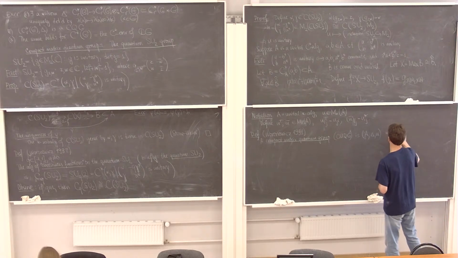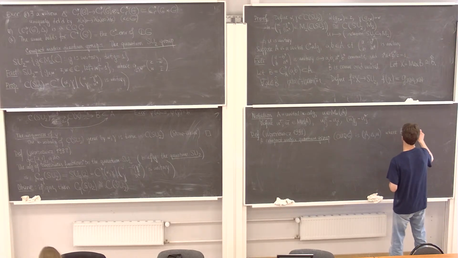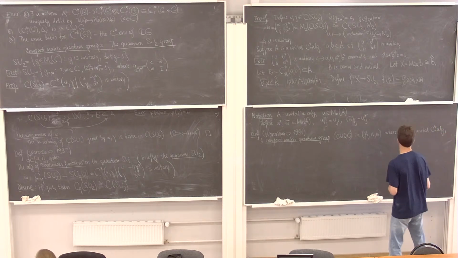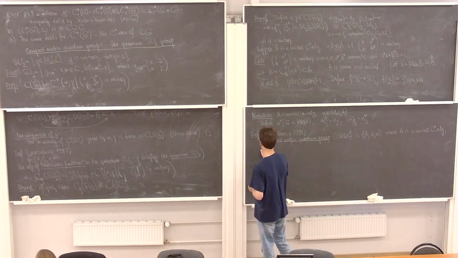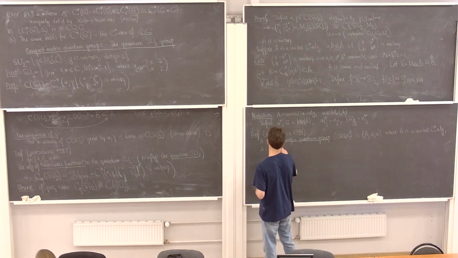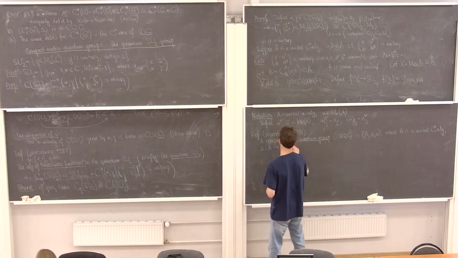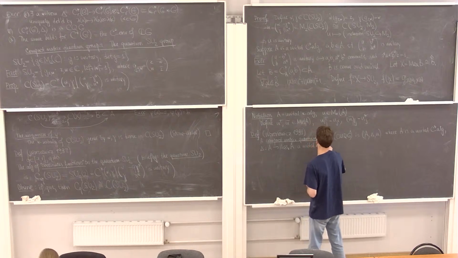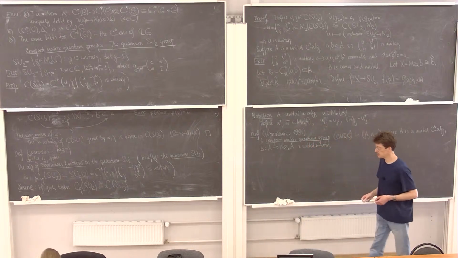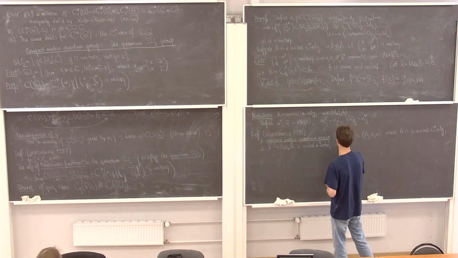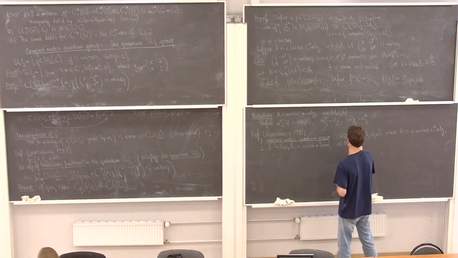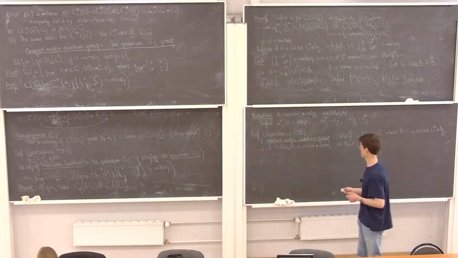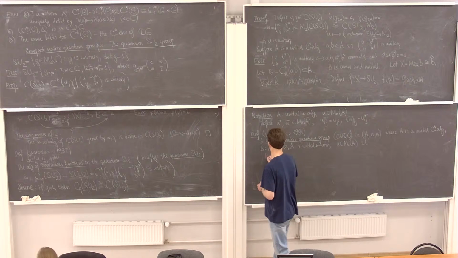where A is a unital C-star algebra, delta is a unital star homomorphism from A to A tensor A, and U is an n by n matrix over A, such that the following conditions are satisfied.